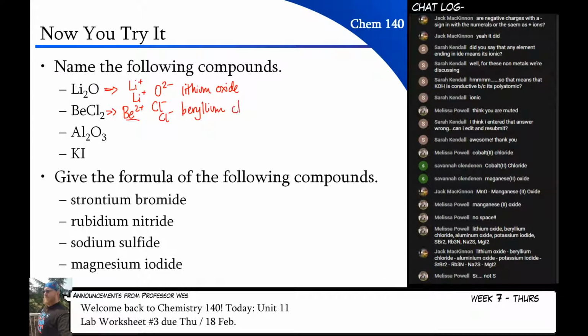And Cl is chloride. And then down here we have aluminum and oxide.